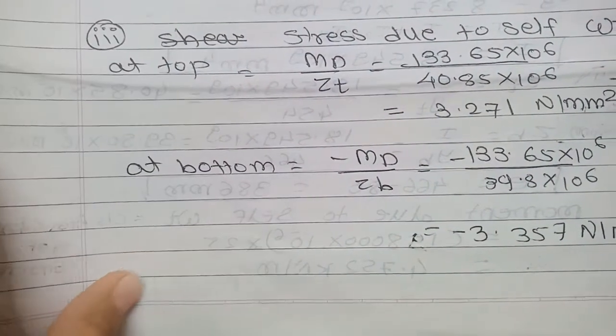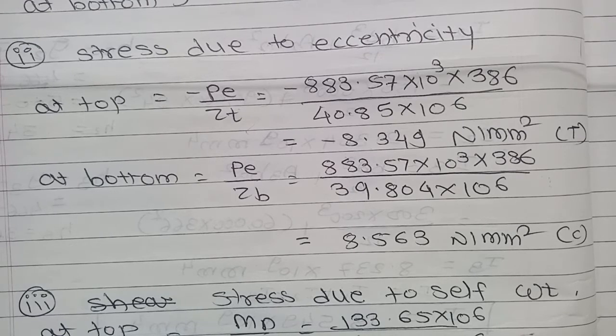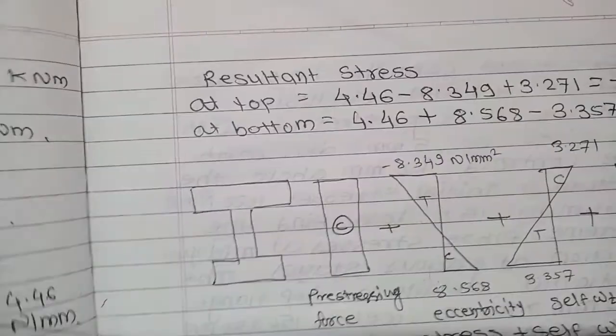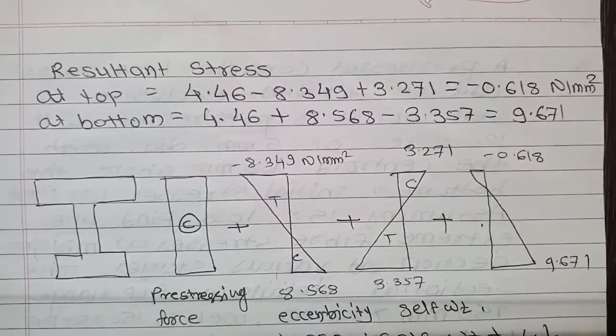Now resultant stress means the addition of these three stresses, that is stress due to pre-stressing force plus stress due to eccentricity plus stress due to self-weight at top.